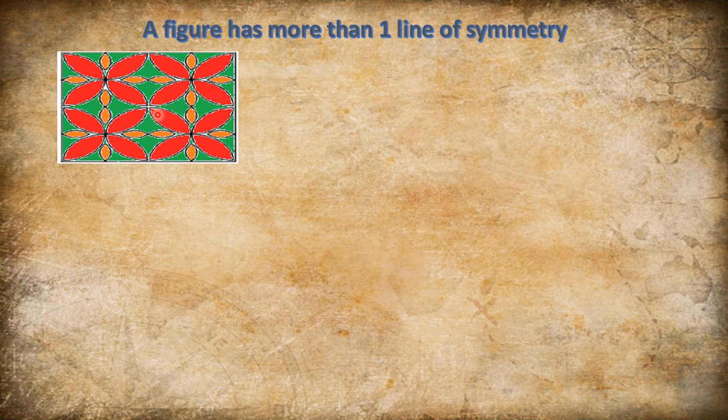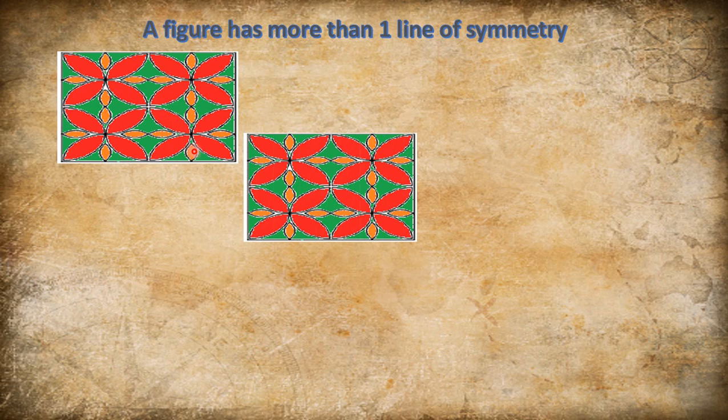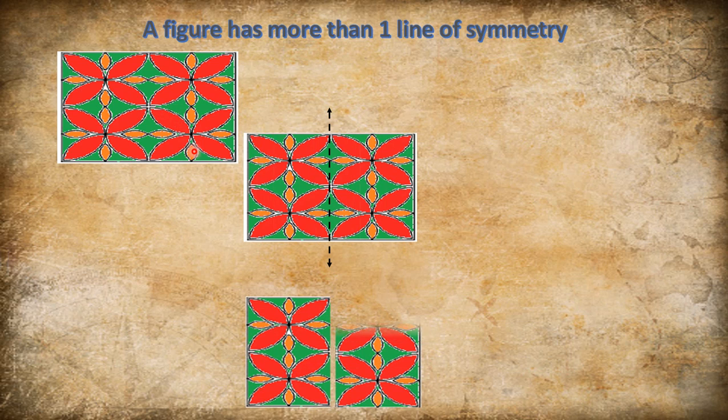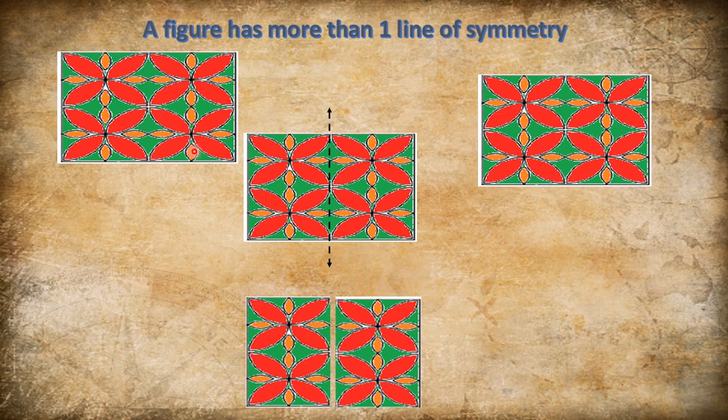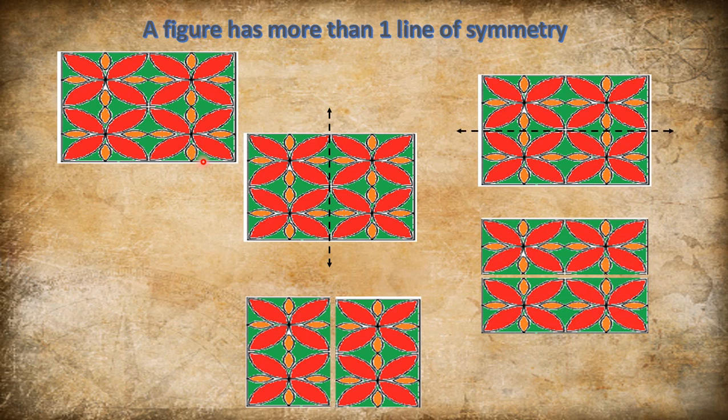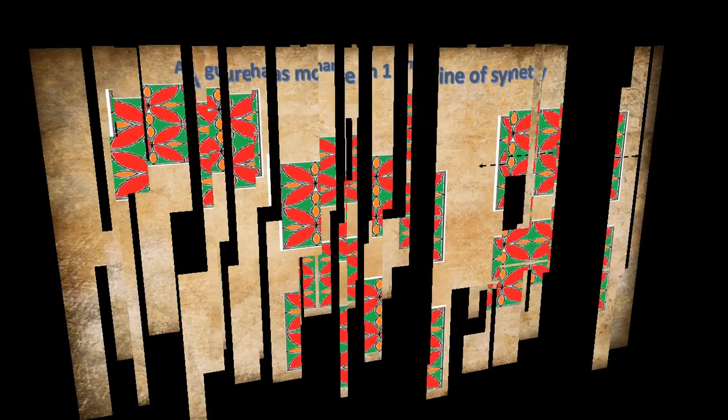As we are observing, this is a design. Now if we draw a vertical line exactly in the middle of this design, what do we get? We get two equal halves, both identical. Similarly, when we draw a horizontal line on this design, again the upper and lower parts on either side of this axis of symmetry are equal or identical.